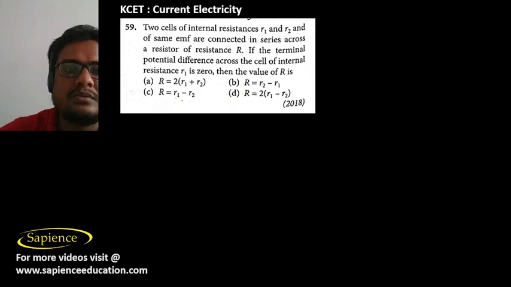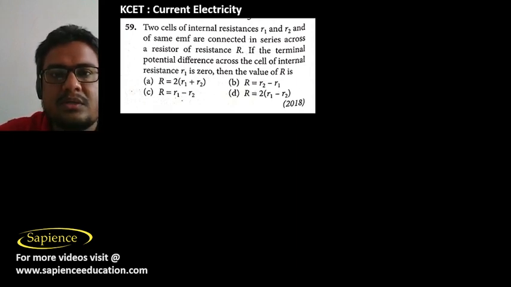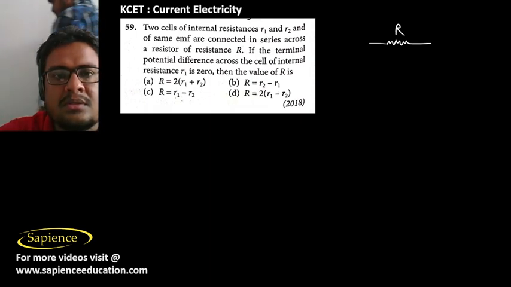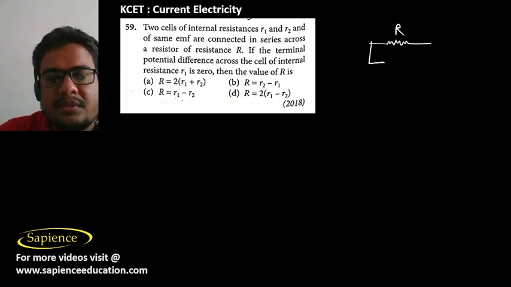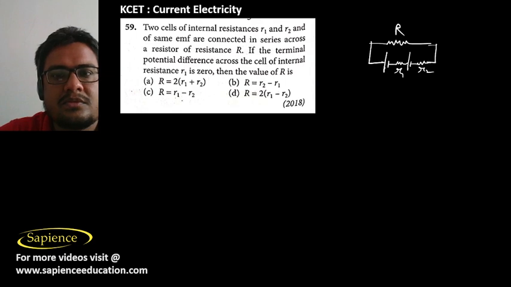And in question number 59, it is told two cells of internal resistances R1 and R2 and of same EMF E and E are connected in series across a resistor of resistance R. If the terminal potential difference across the cell of internal resistance R1 is 0, the value of R is?